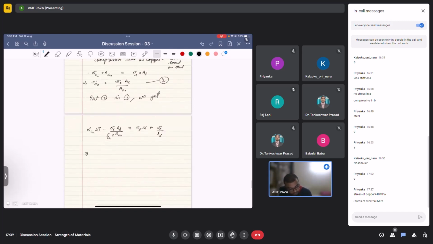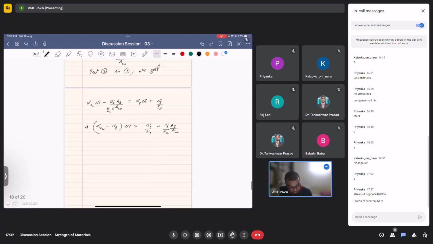So let's take sigma S on one side. Alpha Cu delta T minus alpha S delta T, write it completely: alpha Cu minus alpha S delta T is equal to sigma S upon ES plus sigma S AS upon ACU ECU.